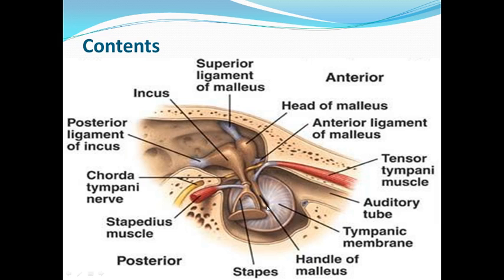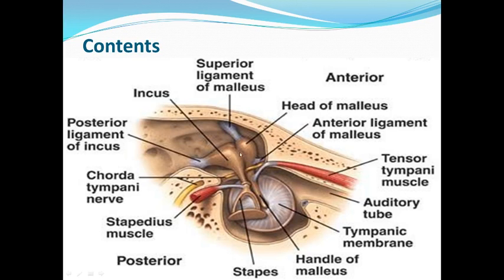So there are three ear ossicles, which are the main content of the middle ear cavity: the malleus, the incus, and the stapes. The upper part, the epitympanic recess, has the greater part of the incus and the malleus.